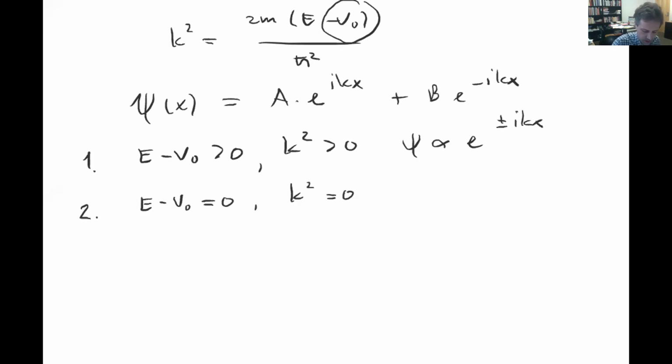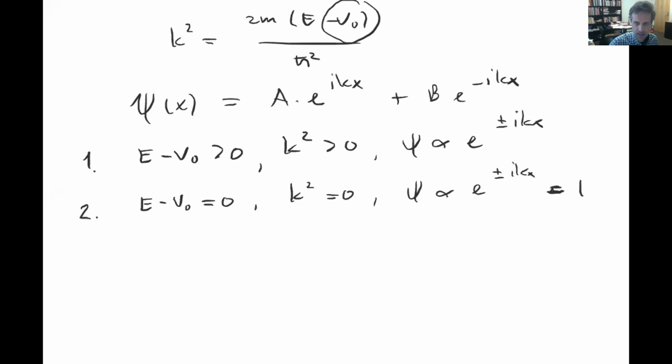And if k squared equals 0, the wave function is proportional to e to the plus minus ikx, where k is now 0. So that is going to be equal to 1.